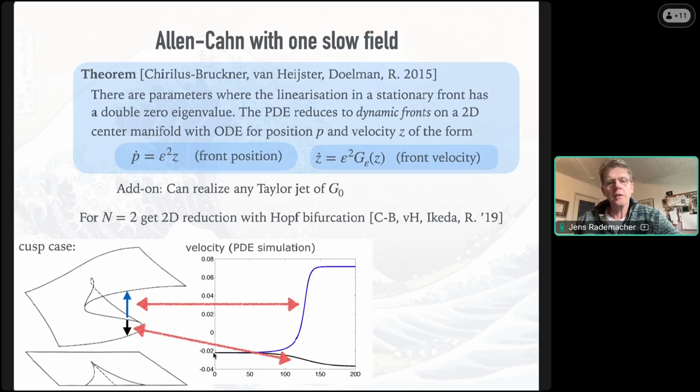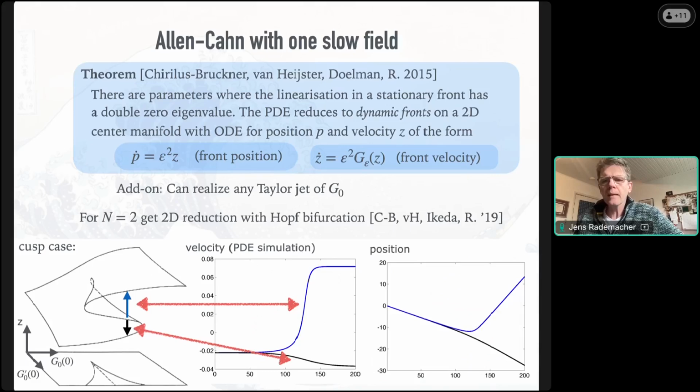I take an initial condition near this equilibrium point, which happens to be around minus 0.02. I perturb it a little bit in the one direction, and then I get a solution which looks like that for the velocity. I only show the velocity, right? So in the background, the PDE is solved. I only show the velocity, and here's the other direction. And now we can lift this to the position of the front by just integrating. And that then looks like this.